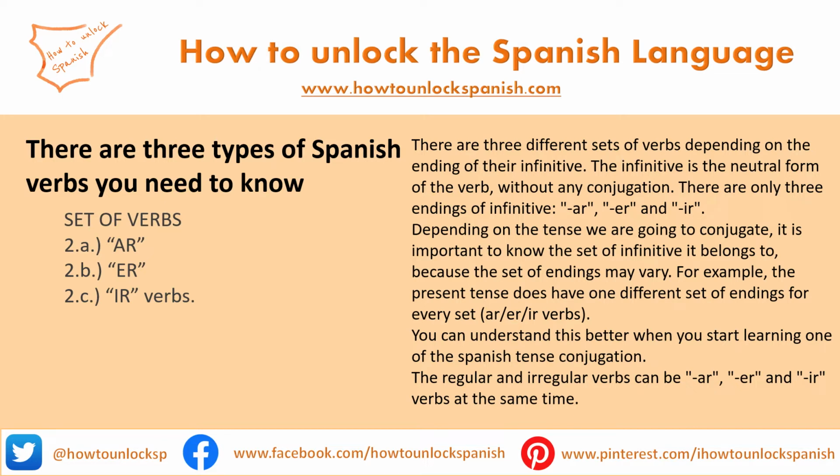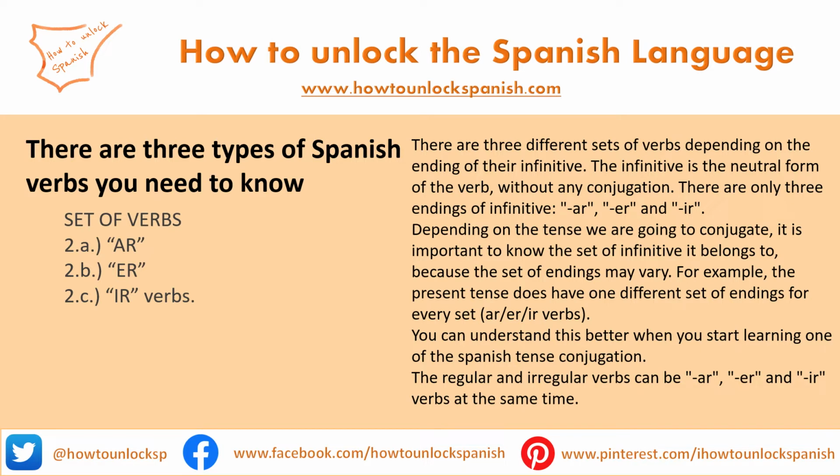So depending on the tense we are going to conjugate, it is important to know the set of endings it belongs to, because the set of endings may vary. For example, the present tense does have one different set of endings for every set of verbs.